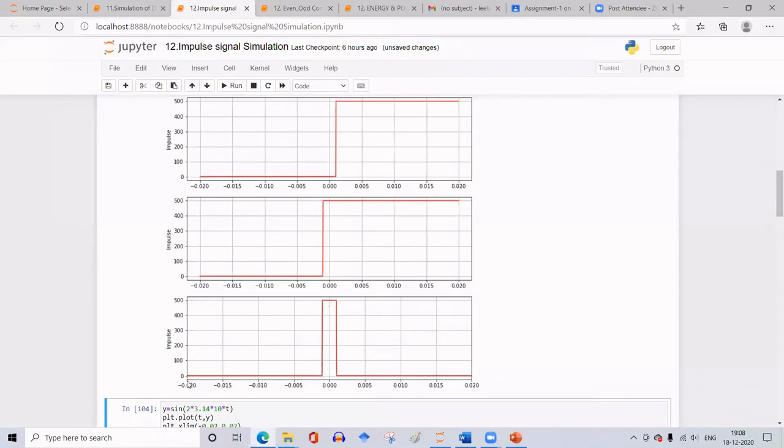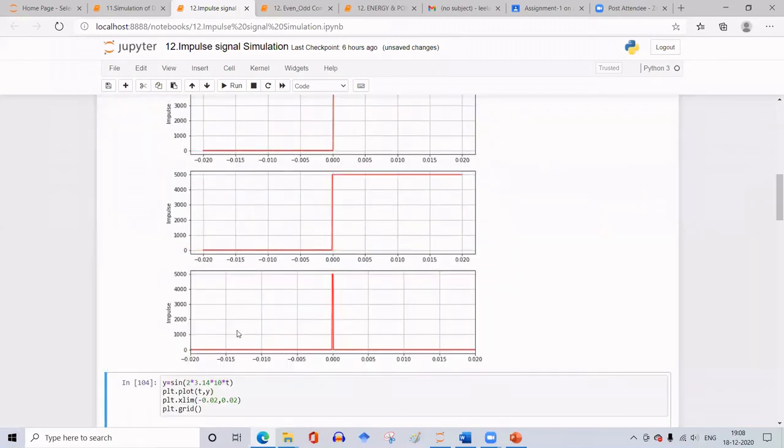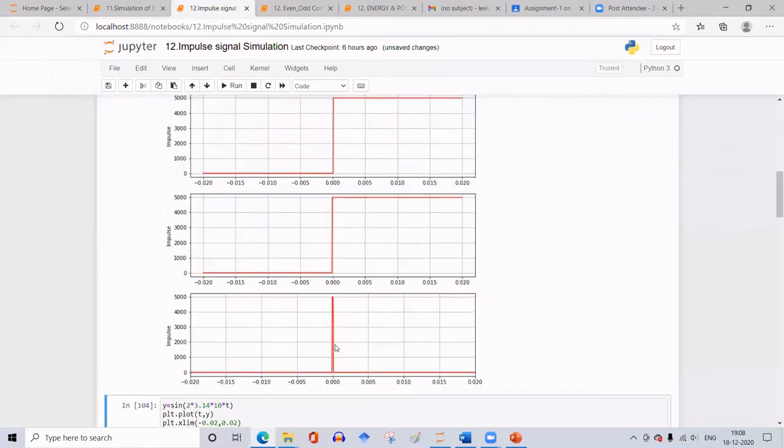So now I have written this x scale from minus 0.02 to plus 0.02. And if I make the width of this still smaller, you see the signal. This is the approximate signal which approximates an impulse. Followed? If I expand this x-axis, you can still see the rectangle.